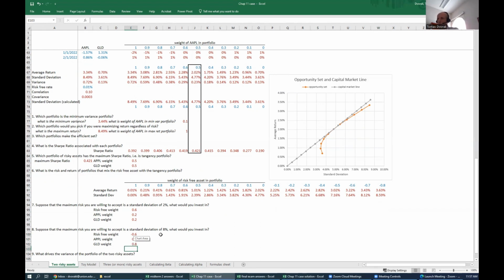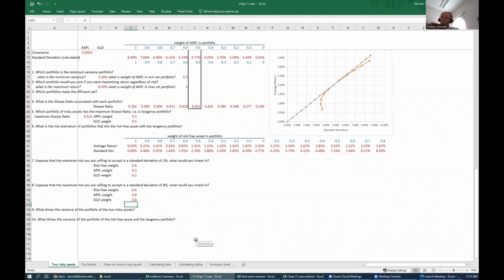The sum of the weights is going to be equal to 1. If I have a negative 0.6 and then I have 0.8, that adds up to 1, right? So when you picture it, I start with $100, I borrow $60, and I have $160. 80 of it I invest in Apple, 80 of it I invest in Gold, and that's my portfolio. And that portfolio is going to get me an average return of 3.22 and a risk of 7.6.